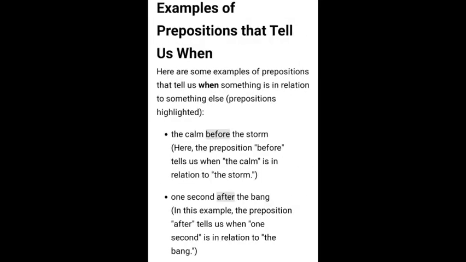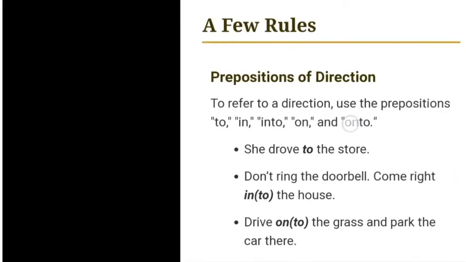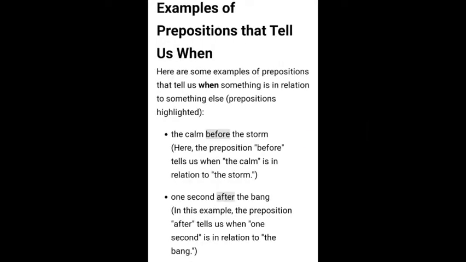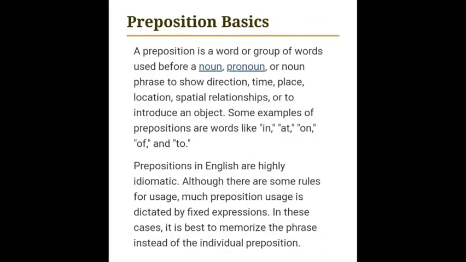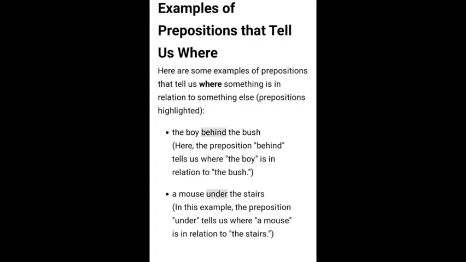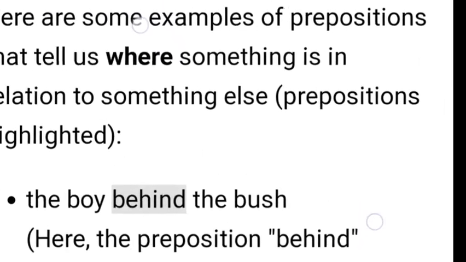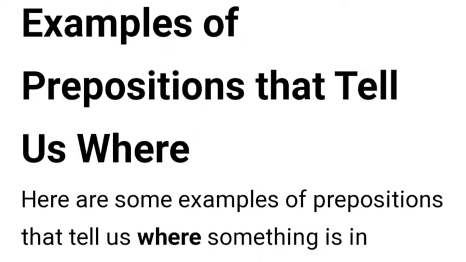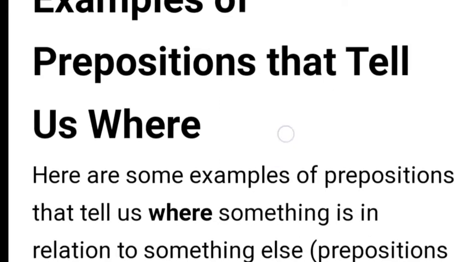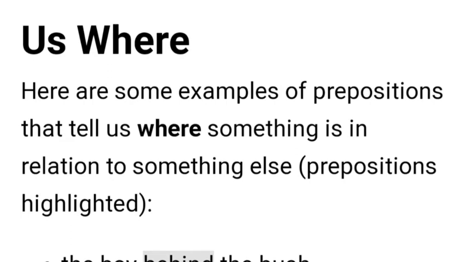So here are some examples of prepositions that we are going to see. First, we will see the examples of where. The prepositions that tell us about where. Here are some examples that tell us where something is in relation to something else.